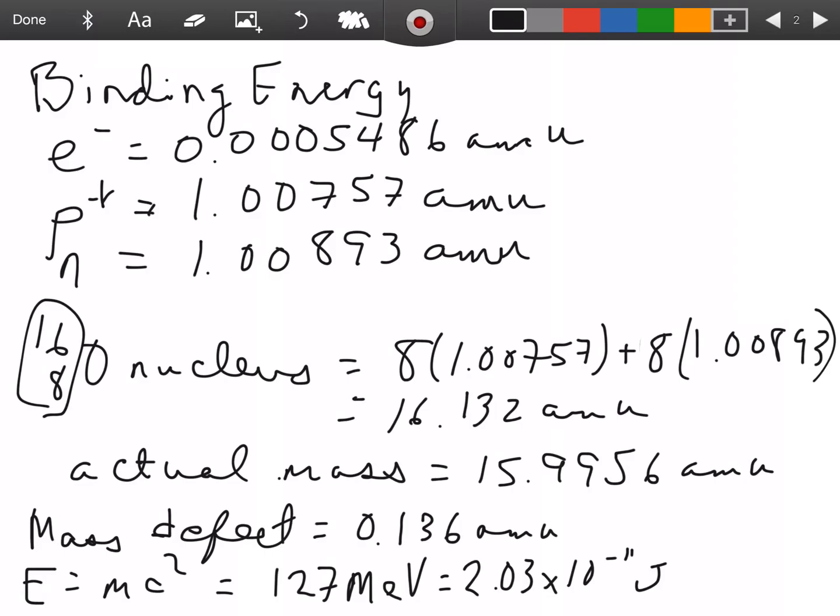Typically, when we were doing the combustion of a mole of methane gas, so methane plus oxygen, so a lot more mass than just 16 grams, a mole of methane being combusted gave us about 800 kilojoules, so 8 times 10 to the 2. Now we're talking about 1 times 10 to the 10th, so significantly more energy tied up in creating this nucleus for an entire mole of oxygen.